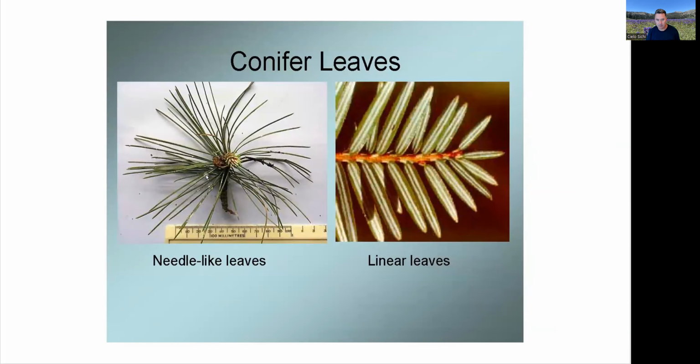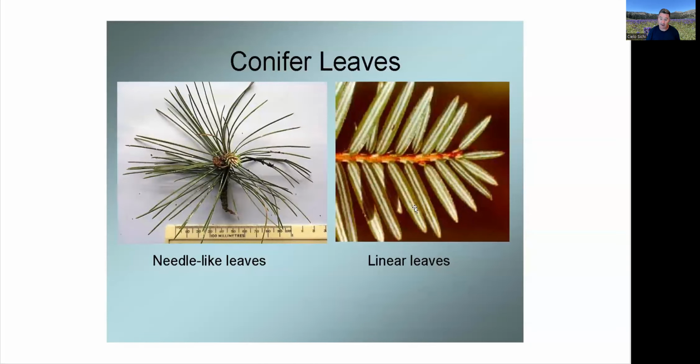Needle-like leaves. Most pine trees have needle-like leaves. Cedars have needle-like leaves. And then there are linear leaves. A great example of a plant with linear leaves is the redwood, and these are pictures of redwoods.